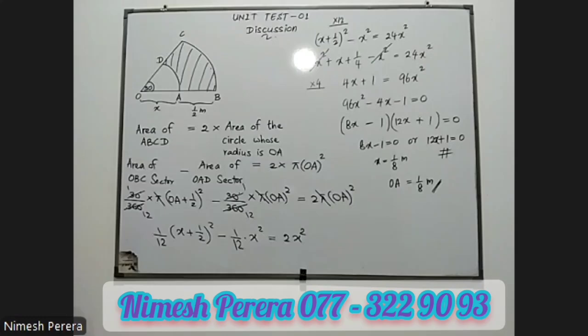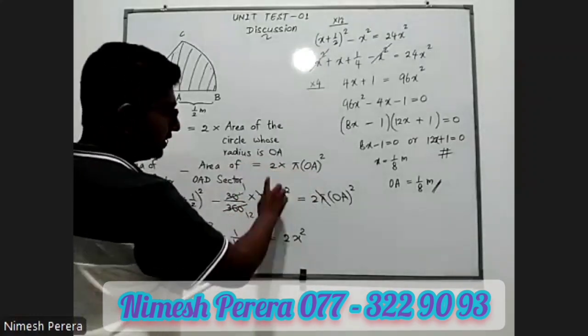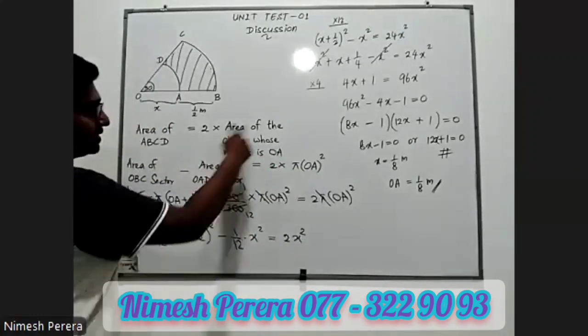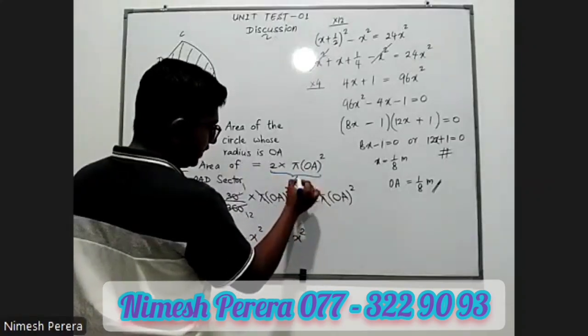Now I will put marks for each step. For finding the area, that means for writing the expression for the area of the right hand side, you will get 5 marks. If you have that, you can put 5.